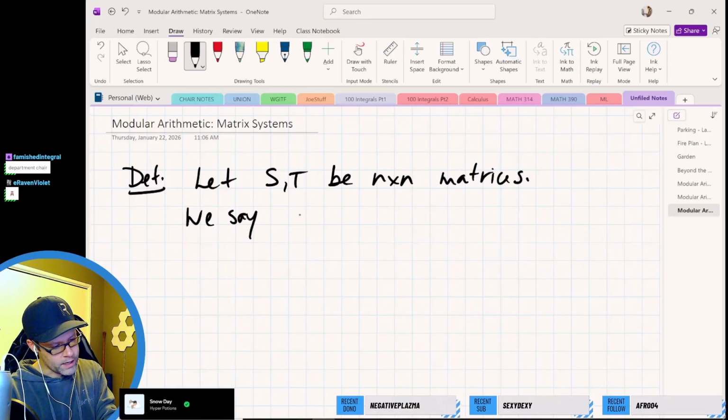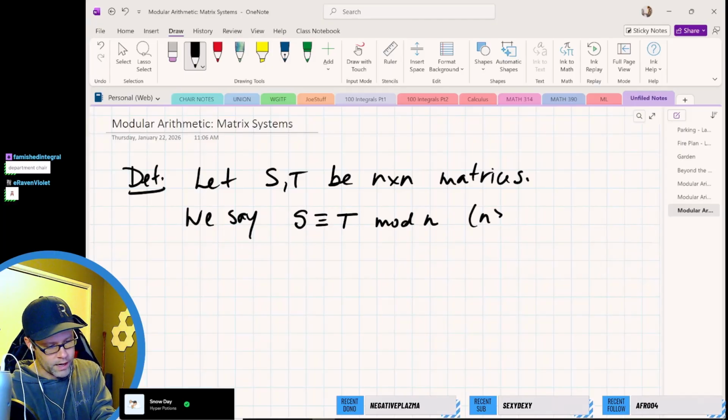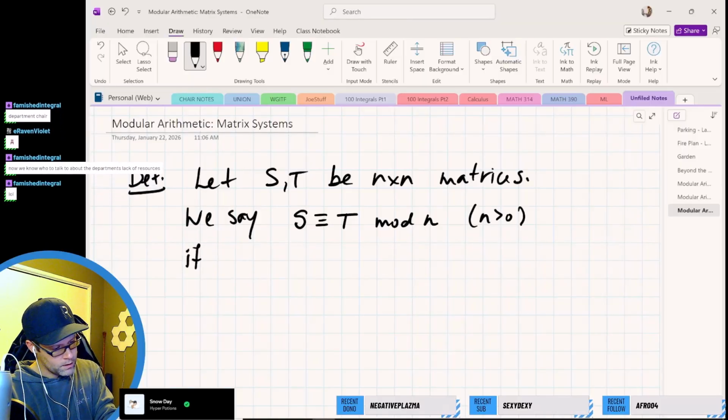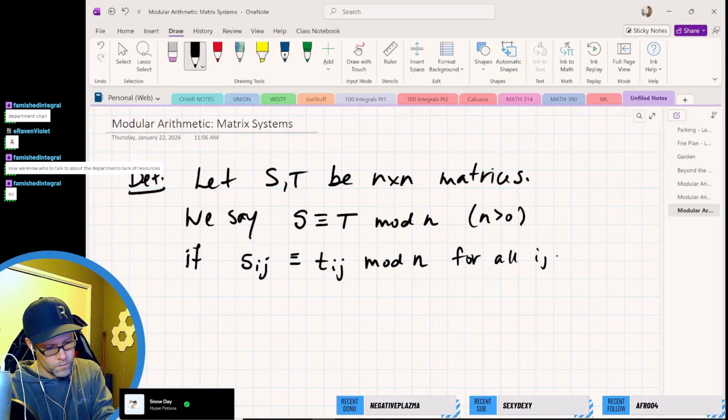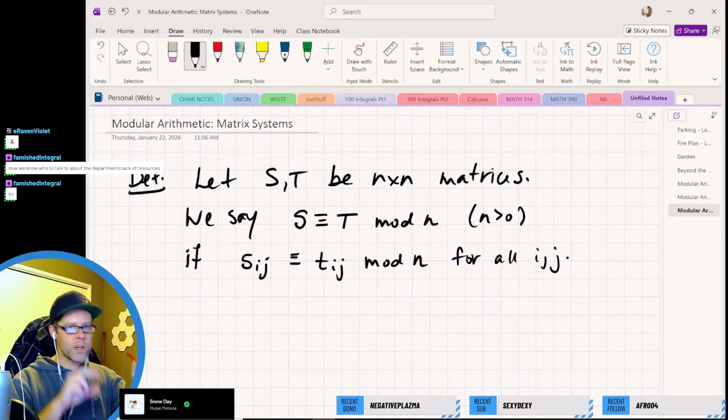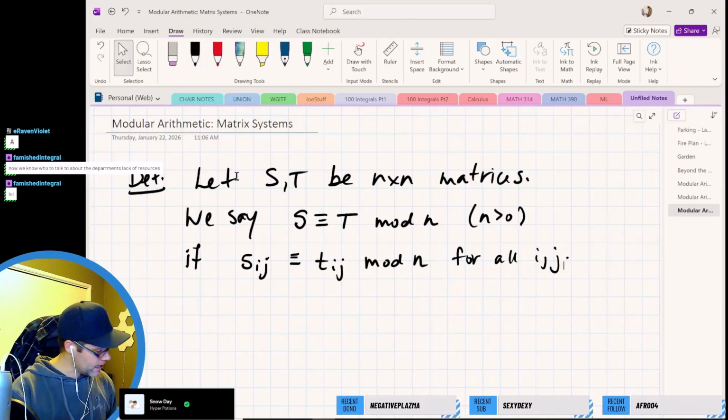We say that S is congruent to T mod n, assuming n is a positive integer, if all of the entries in S are congruent to the corresponding entries in T mod n. So this has to be true component by component, or entry by entry.